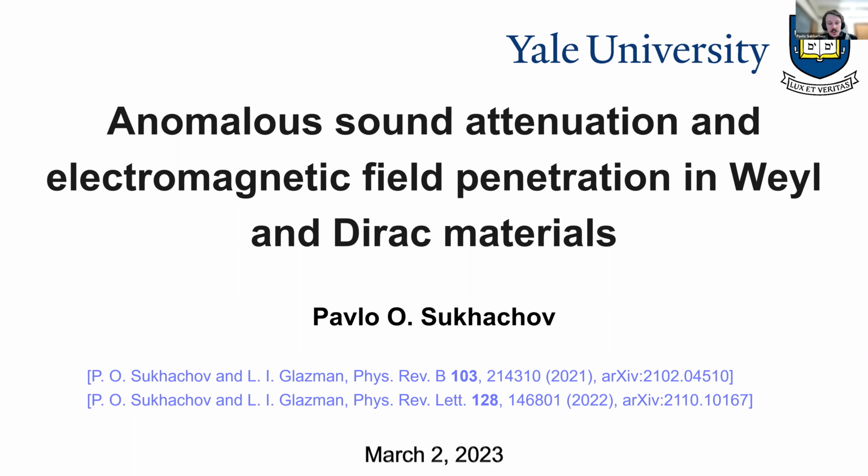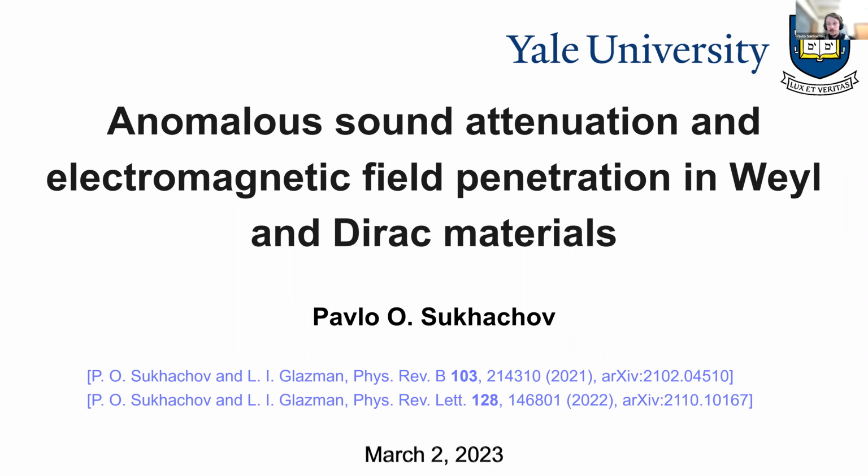Then I did my second postdoc with Professor Balatsky, where we worked on various aspects of unconventional superconductivity. And then I moved to Yale, where I got the Yale Prize Fellowship, and where I am now. There we also work on different aspects of topological materials and superconductivity with Leonid Glassman.